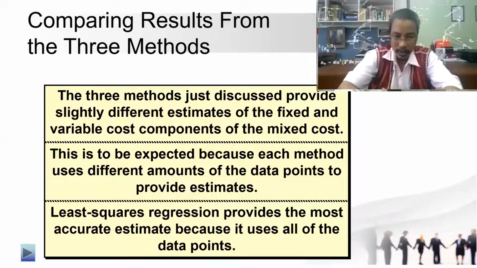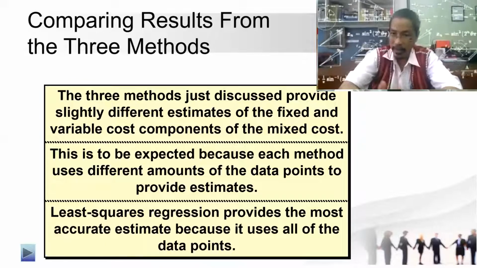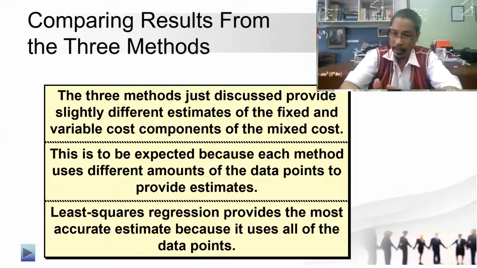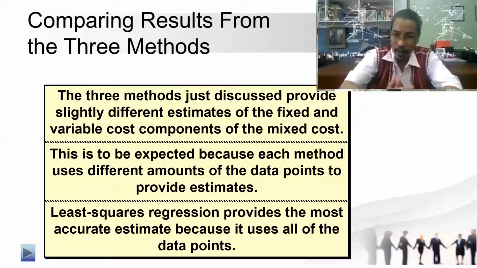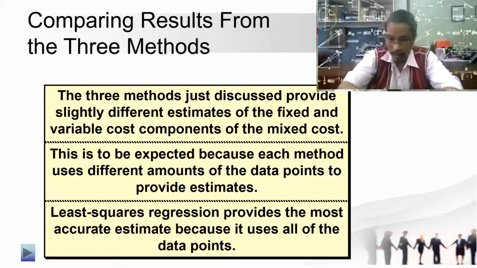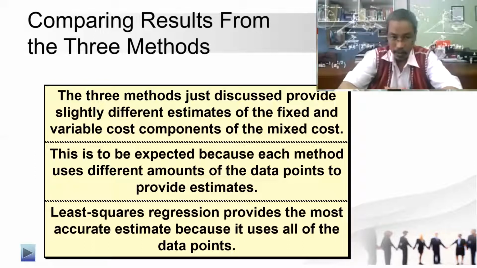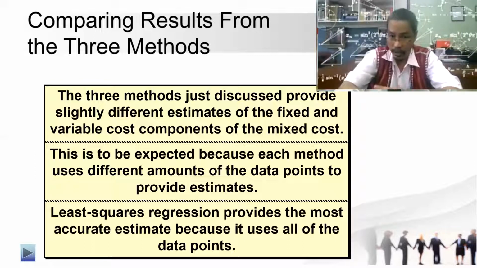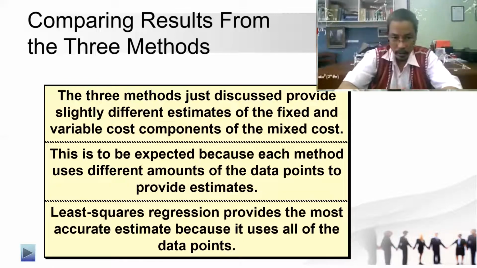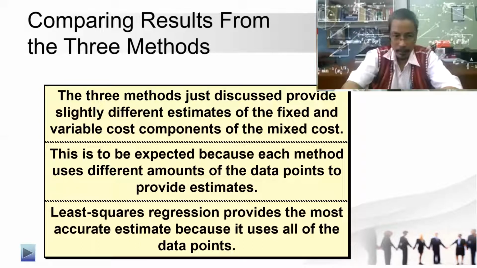Least squares regression provides the most accurate estimate, meaning the estimate is nearest to the true value. It is not equal, but it is nearest to the true value. It is the most accurate among the different methods we discussed. It uses all of the data points.